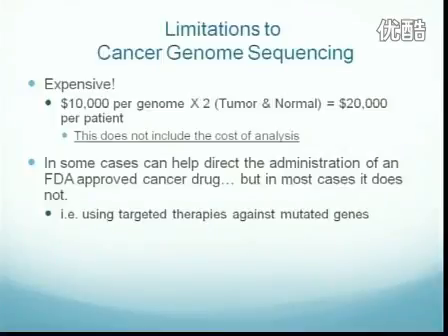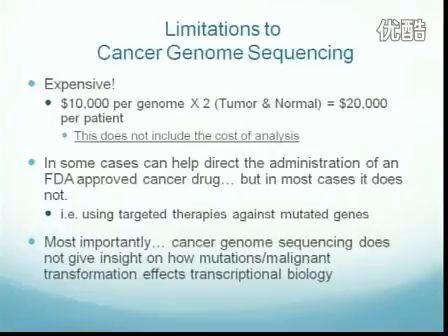Talking to one of the scientists from the NCI who's doing this, he admitted that there are 1,500 FDA-approved drugs, and many of the genes that are mutated in cancer have no drugs against them. So you can possibly sequence a patient and see their mutated genes, but in reality, you have no drug to give them because there's not a drug against the target. So it's a great idea, but it's not really ready for prime time.